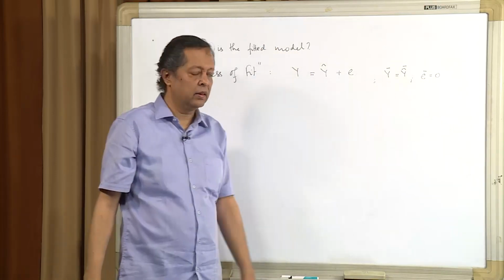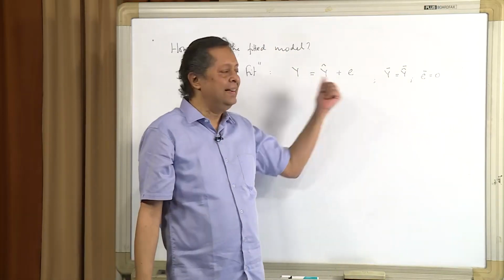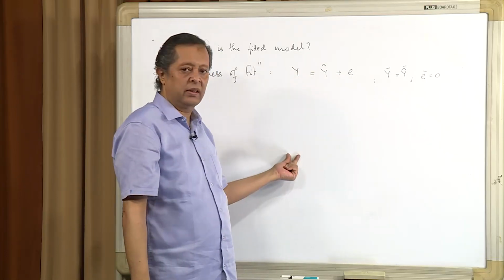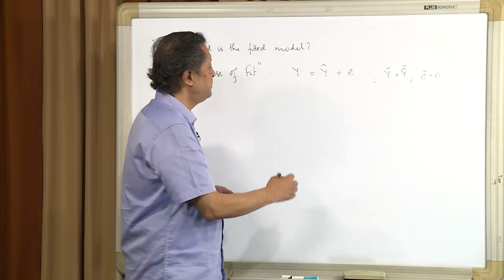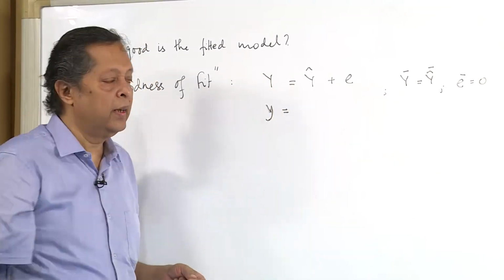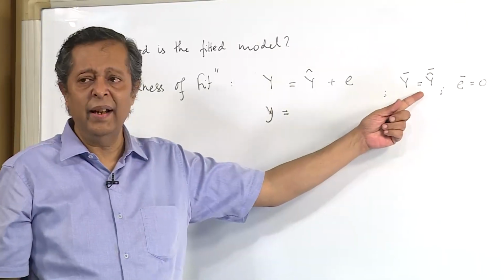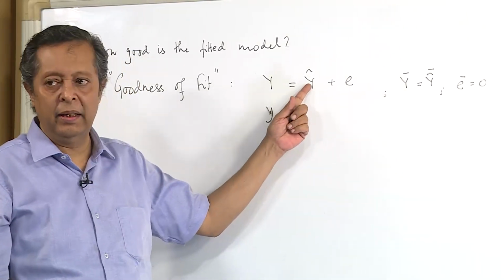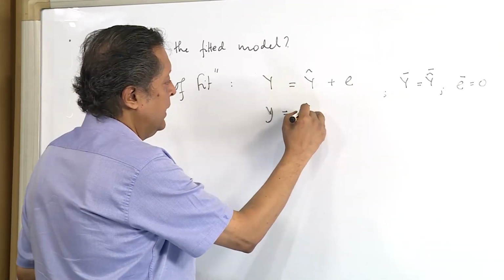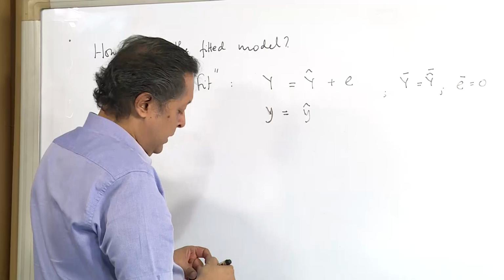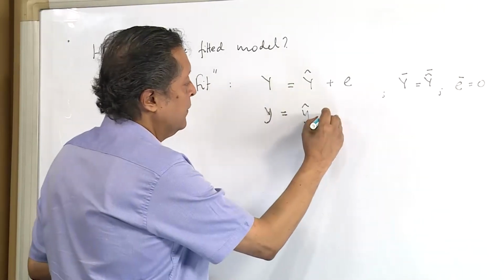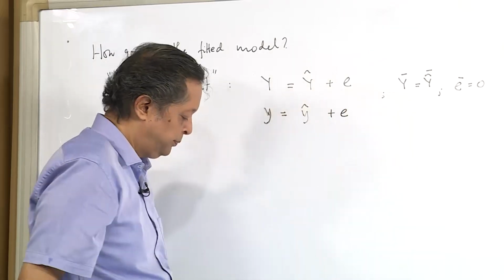These are scalars. So if we deduct the common Y bar from each element of this capital Y vector, we get small y. Correspondingly, if we deduct Y hat bar from each element of this column vector, we get small y hat, and since e bar is equal to 0, we can safely write plus e.